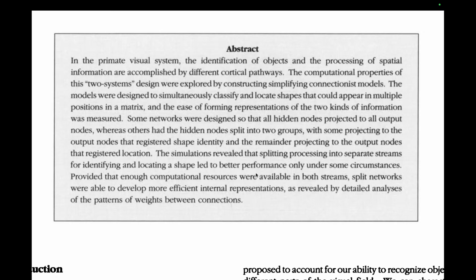So the models were designed to simultaneously classify and locate shapes that could appear in multiple positions in the matrix, and the ease of forming representations of the two kinds of information were measured.